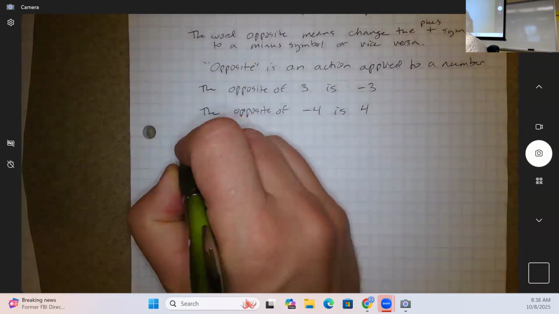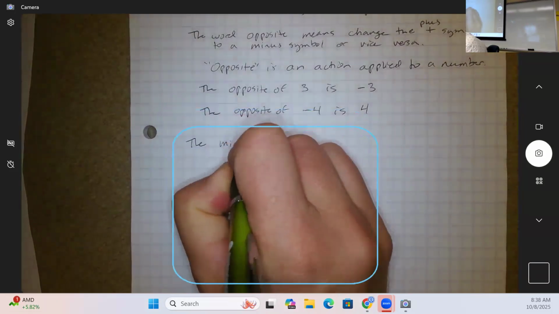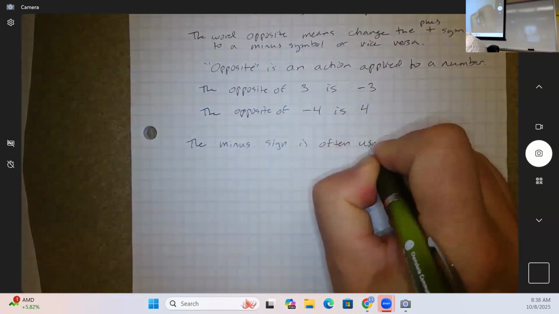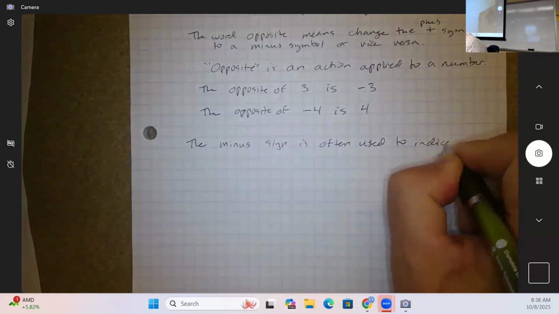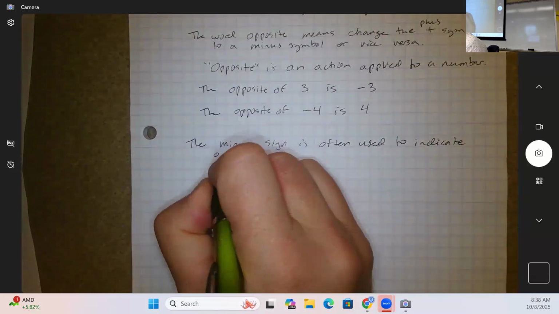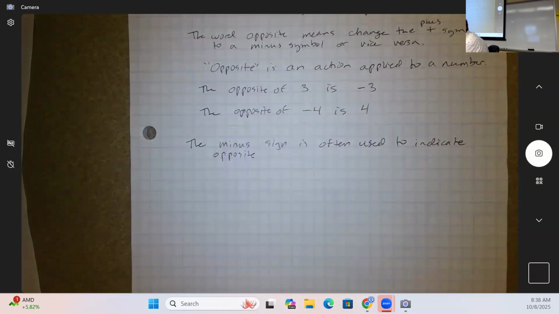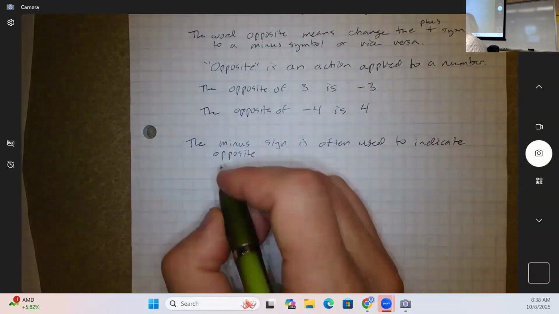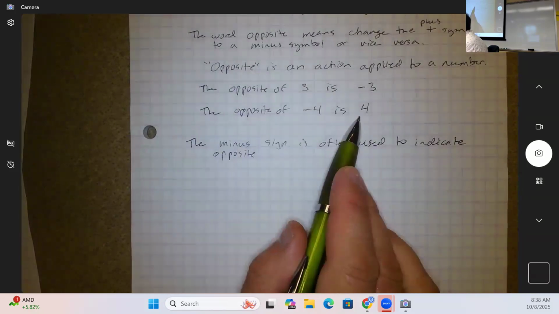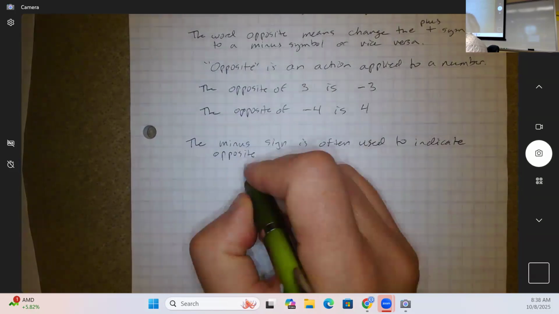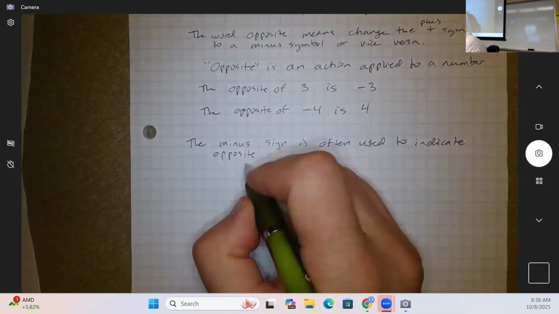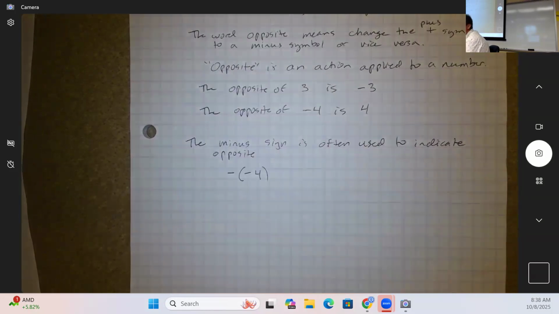However, in math, the minus sign is often used to indicate opposite. So if I want to say the opposite of -4 is 4, often what I'll do is I'll take the -4, stick it in parentheses, and put another negative out front.